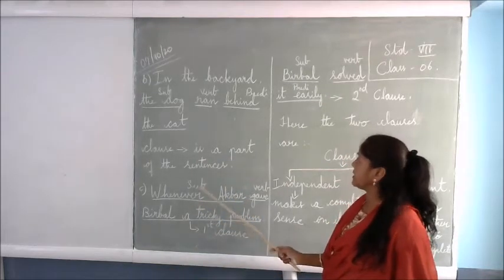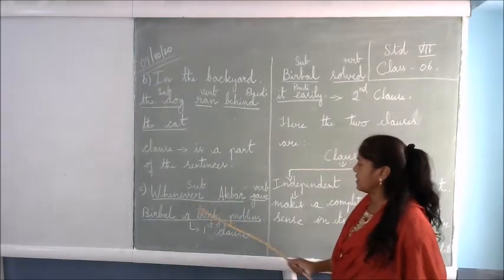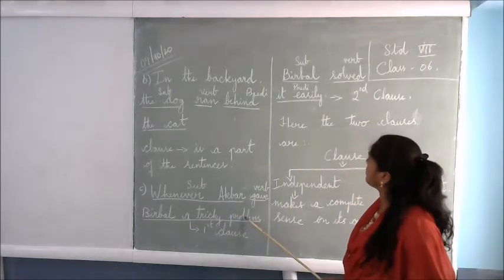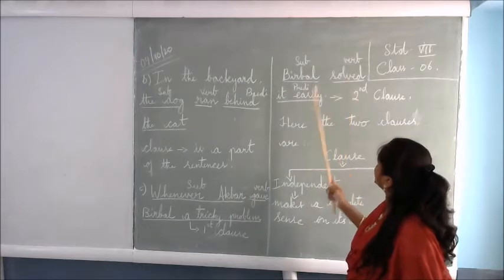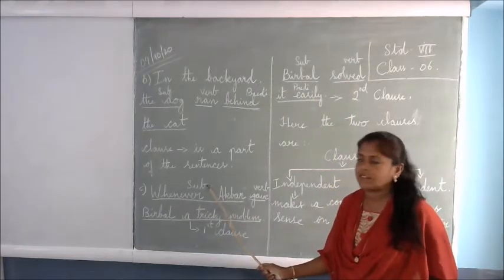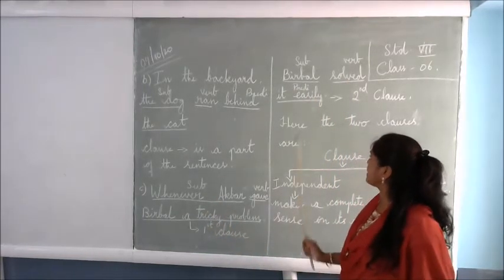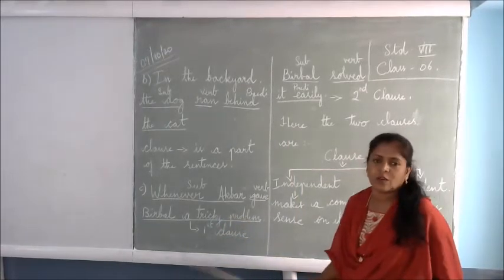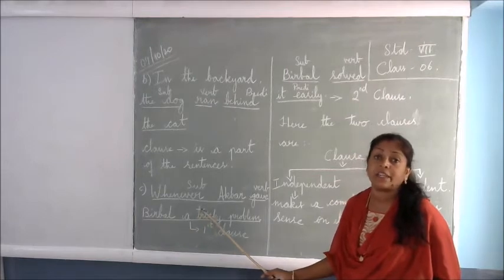Now a third example. Whenever Akbar gave Birbal a tricky problem, Birbal solved it easily. So this is the first clause and second clause. How this is called? A dependent clause. What clause we call it as a dependent clause?